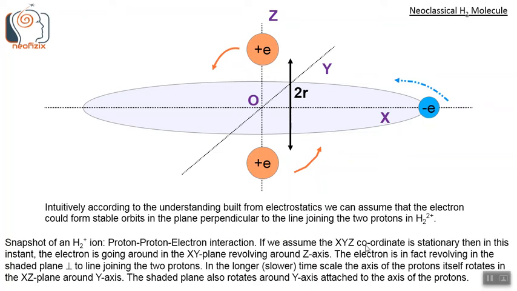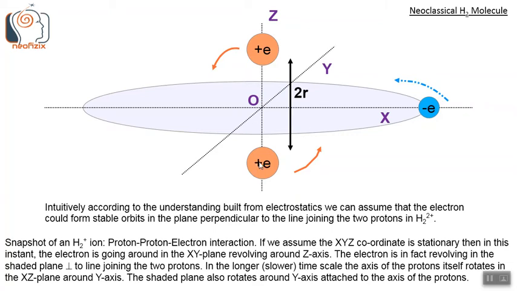If we assume the x, y, z coordinates here, this is x, this is y, this is z, and this O is the origin. If we assume the xyz coordinate is stationary, then in this instant shown here, the electron is going around in the xy plane, revolving around the z axis. The electron is in fact revolving in the shaded plane perpendicular to the line joining the two protons.